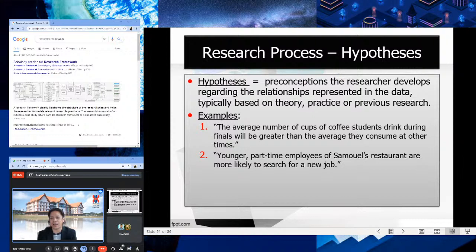I think it's quite straightforward, and I think everyone has understood the meaning of hypothesis. If you understand the hypothesis, that can help you trigger more research ideas.